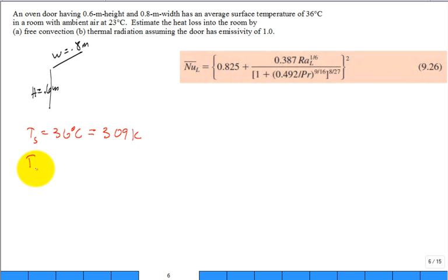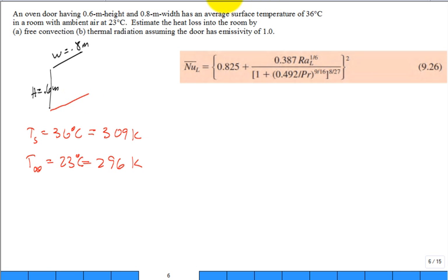And then the temperature of the fluid far away in the room is 23 degrees C, which is 296 Kelvin. All right. Estimate the heat loss into the room by free convection. I know it's not a sharp-edged plate at the bottom, but use that correlation because that's the best correlation we have.